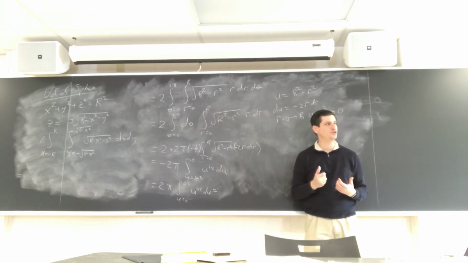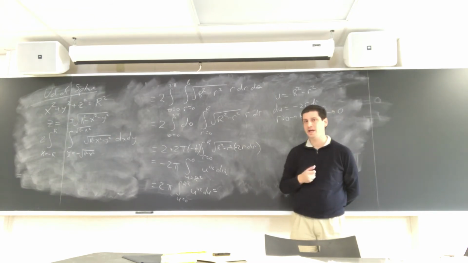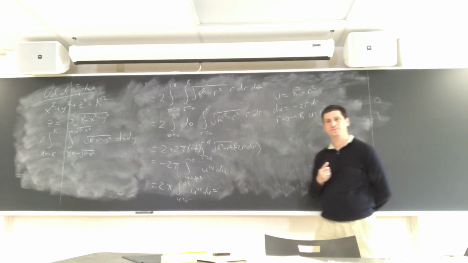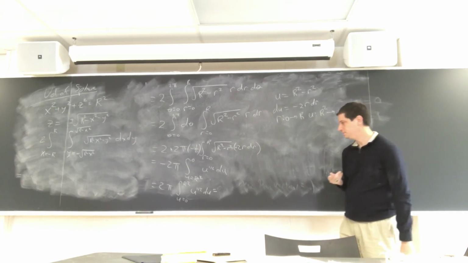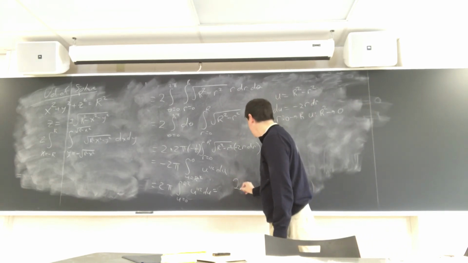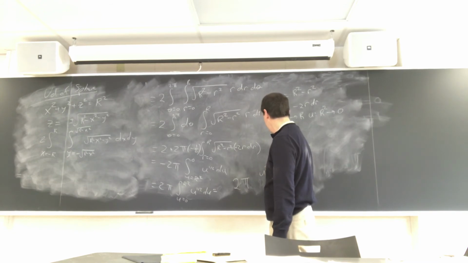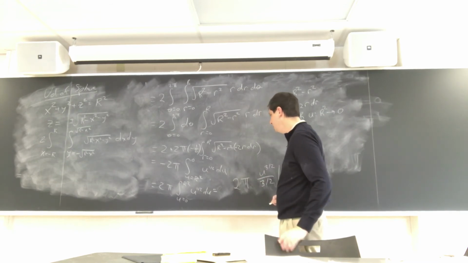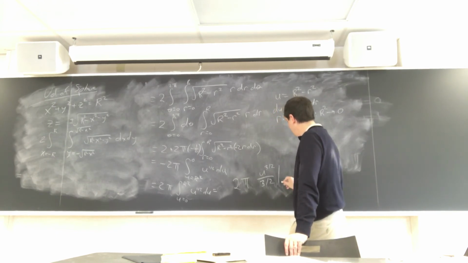The volume of a sphere should not be negative. What function has derivative u to the 1/2? This would be 2 pi u to the 3/2 over 3/2 evaluated at 0 and R squared.